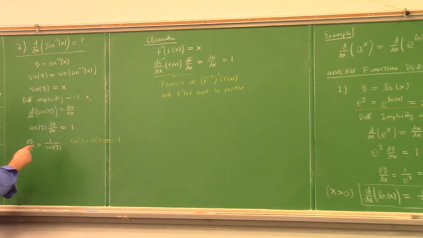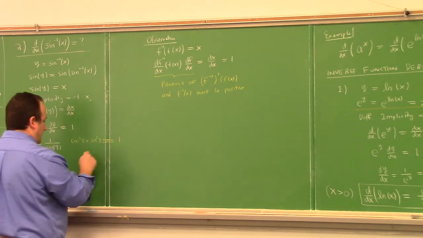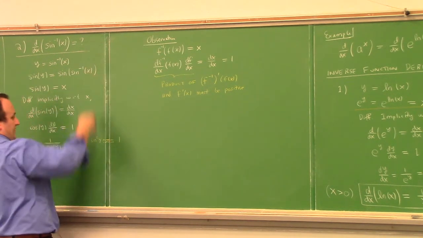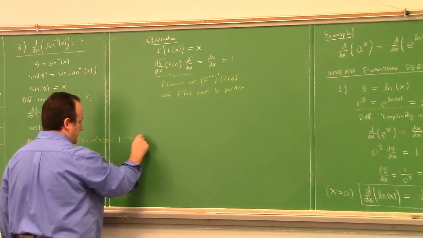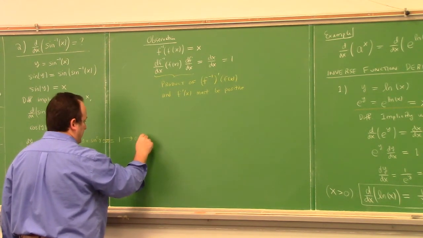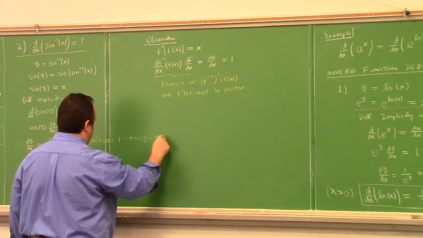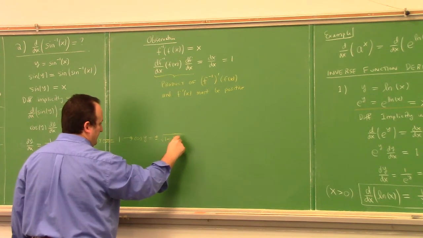So that tells me that, this is very annoying actually, cosine of y is equal to plus or minus the square root of 1 minus sine squared y.